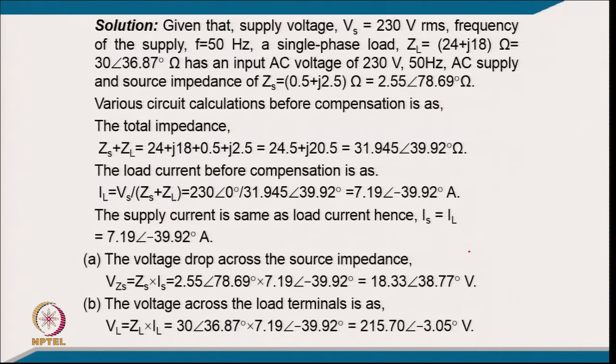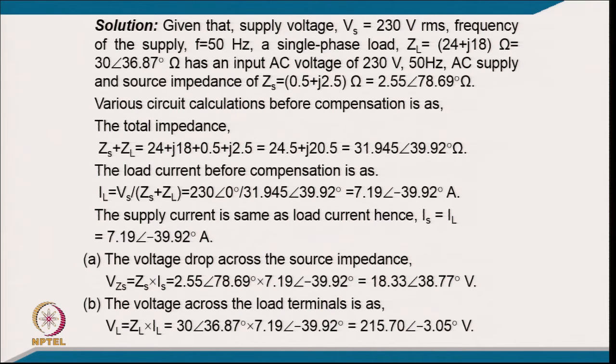So, coming to the numerical part of it, given that supply voltage Vs is 230 volt RMS and frequency of supply is 50 hertz, a single phase load of ZL equal to 24 plus j18 ohm, that is 30 at the angle of 36.87, has an input voltage of 230 volt 50 hertz AC supply, and source impedance of ZS equal to 0.5 plus j2.5, that is 2.55 at the angle of 78.69 degree ohm.